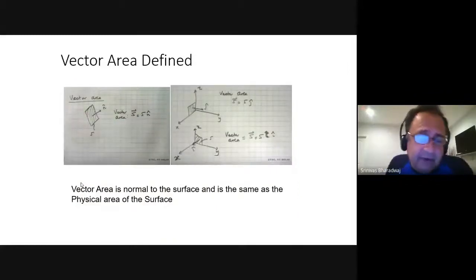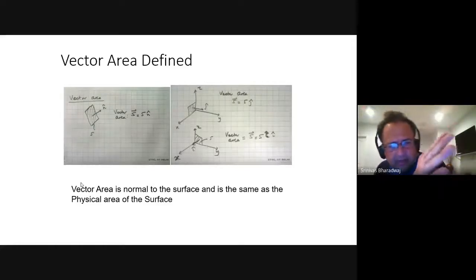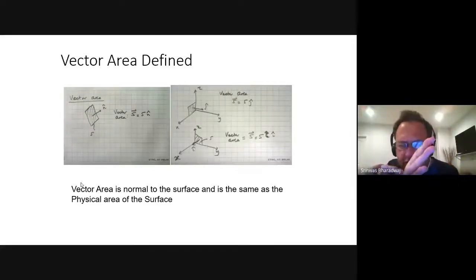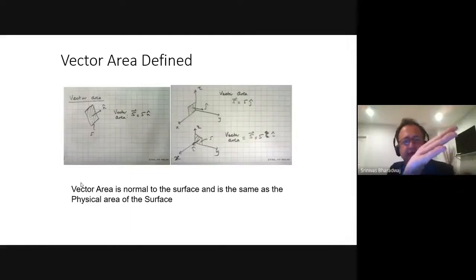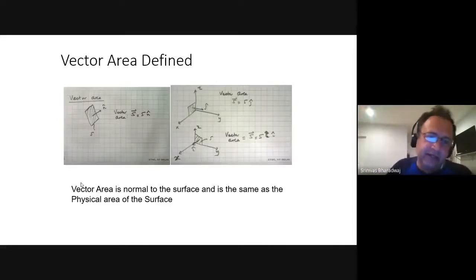I already defined the vector area, right? You have the surface. You take a small box dS. The vector for dS is normal to the surface. So E dot dA, if I have A like this, at every point I draw a normal vector. That is the direction of the vector.